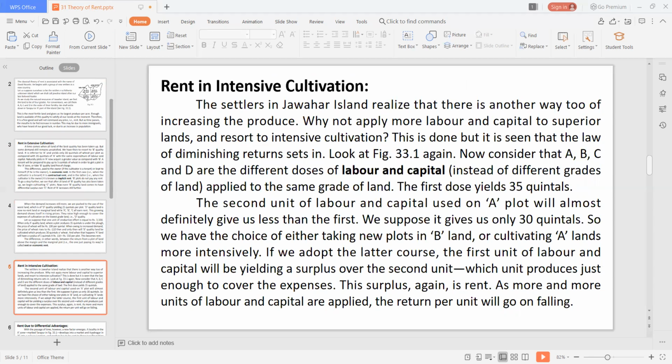Now consider A, B, C, D as different doses of labor and capital. Instead of having grades of land, now we are considering the factors of production applied in the same grade of land. The first dose yields 35 quintals.